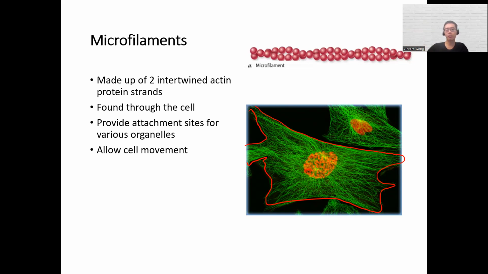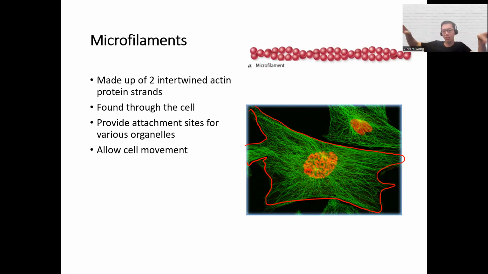So in this case, we use antibodies to tag the actin proteins, and we make it so that it's going to show up as green when we shine UV light at it. And the red here in the center is showing you the chromosome, so you know where the nucleus is. So all these green fibers are basically the microfilaments.